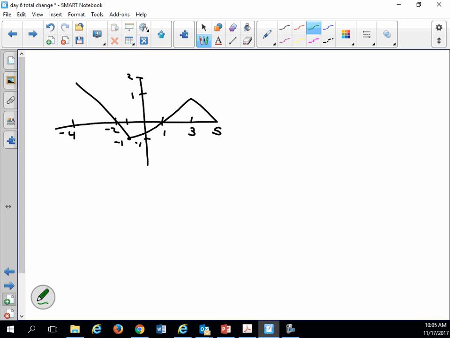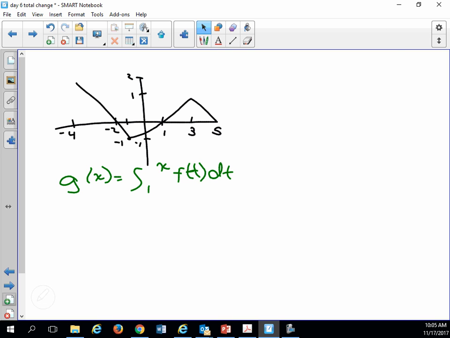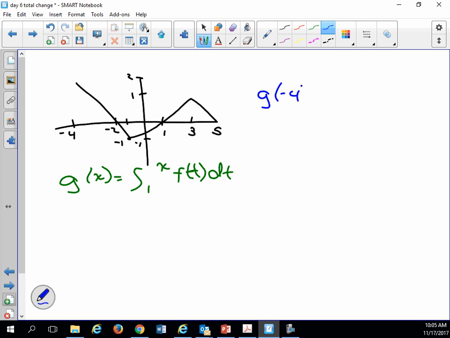Let me tell you, g of x equals integration from 1 to x of f of t dt. We're talking about g of -4, g of 1, g of -2, g of 5.